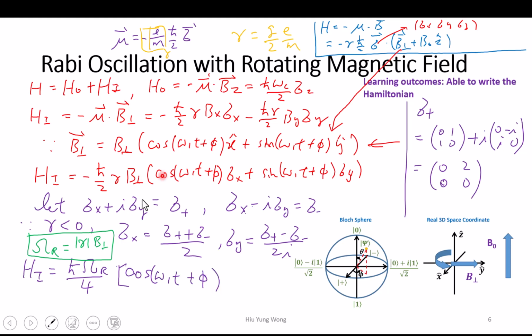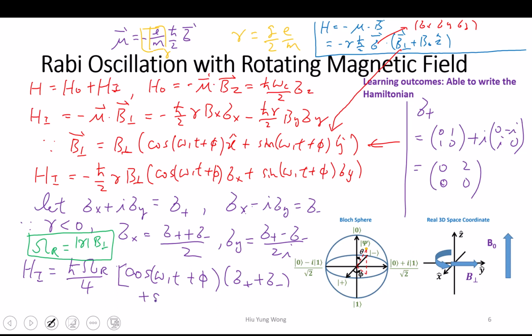This is what I'm doing, I continue to substitute this one, cosine omega 1t plus phi. And then times sigma x, but sigma x, I'm going to substitute with sigma plus plus sigma minus. Because sigma x is sigma plus plus sigma minus divided by 2, I take this 2 out. And then I continue to do the rest.